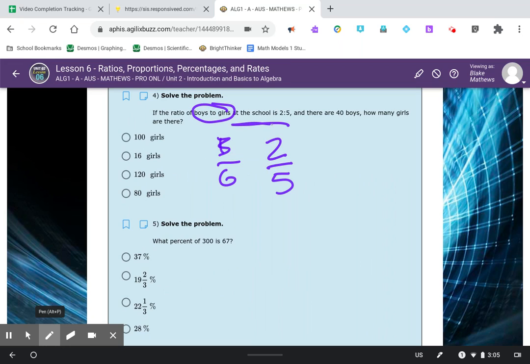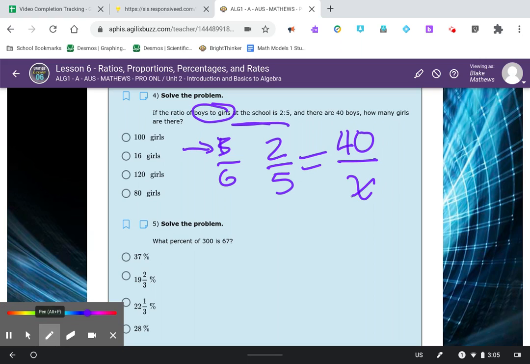That's what it says right here. And then it says there are 40 boys. Again, boys is across the top here. How many girls are there? So I've gone ahead and set that one up for you. So you should be able to cross multiply and solve the rest of that one. Remember, multiply those values. All right.